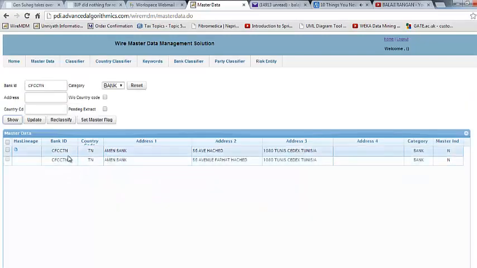You have two instances of Aman Bank, one which came with this record and one which had come previously, and both of them have been unified to a single bank ID.